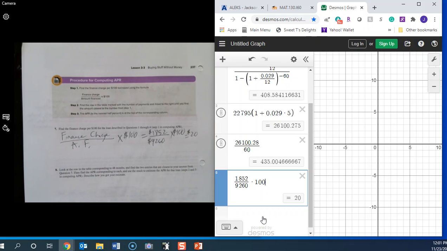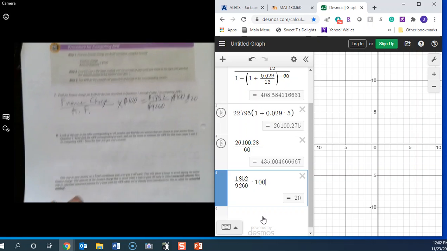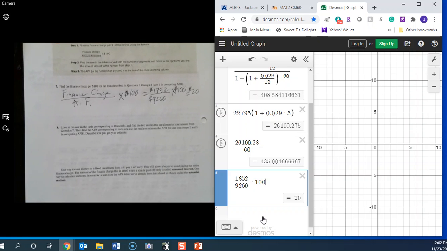All right. So now we have our $20. Now we go down here to number 8. It says, look at the row in the table corresponding to 48 months and find the two entries that are closest to your answer from question 7.